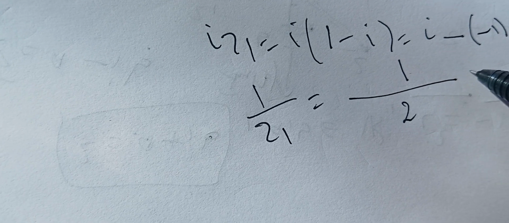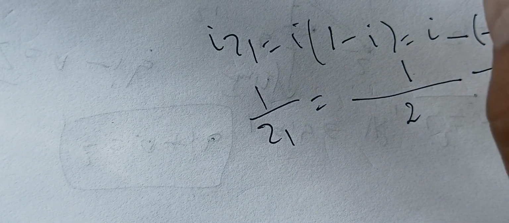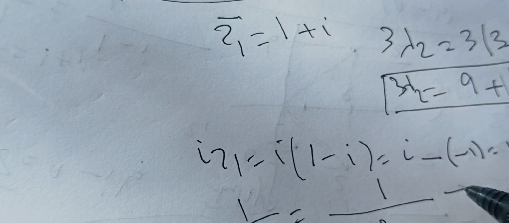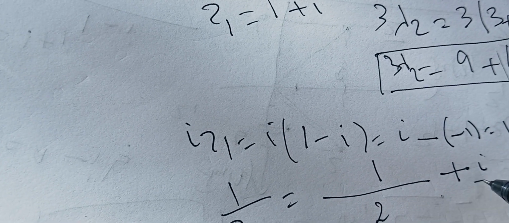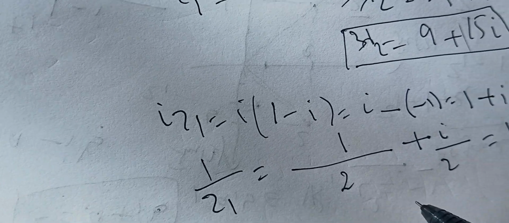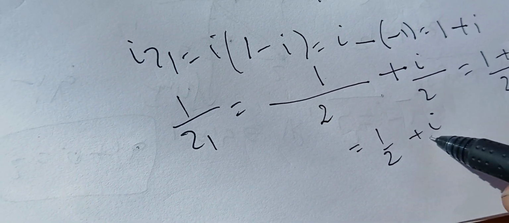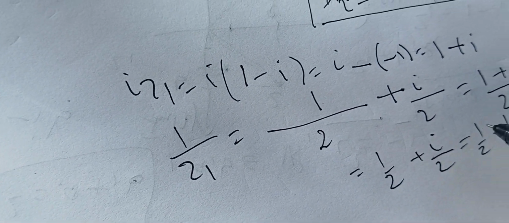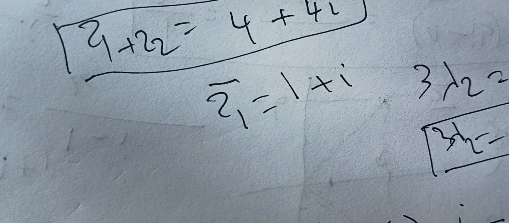So minus i times b, and b in this case is minus 1, so it's going to be plus. So it's going to be 1 plus i over 2. We can write it briefly as 1/2 plus i over 2, or 1/2 plus 1/2 i. So this is 1 over z1.